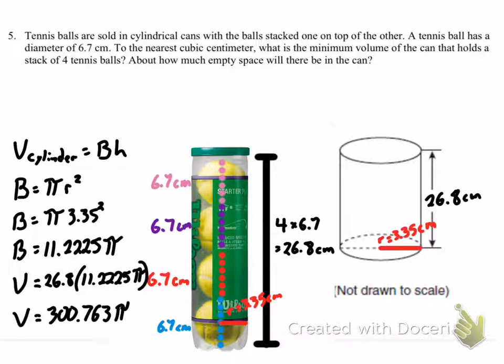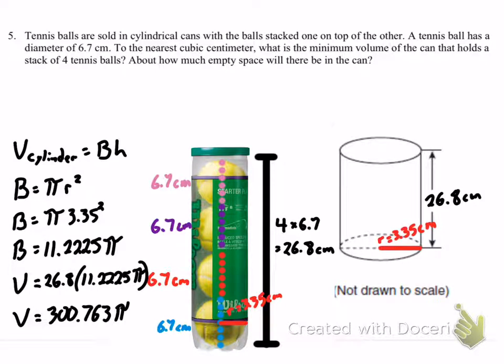Now let's take a look at this calculation. So it's 26.8 is my height times the area of my base, which is right here, which gives me 300.763 pi, and that would be centimeters cubed.